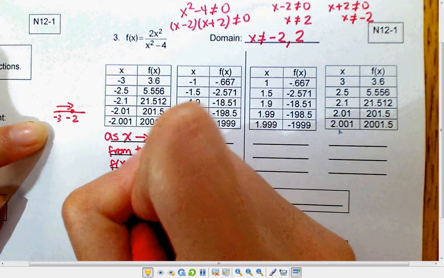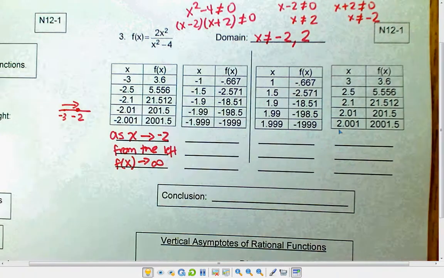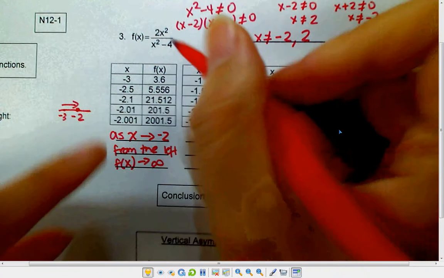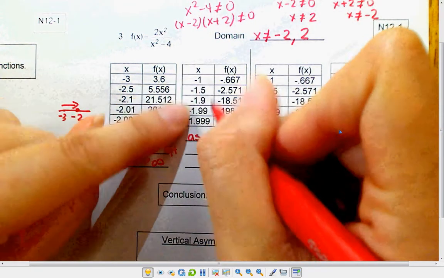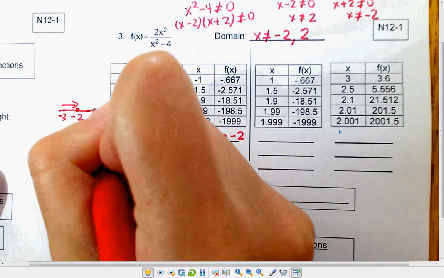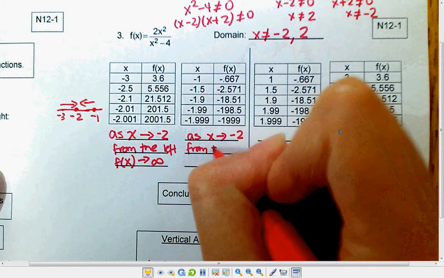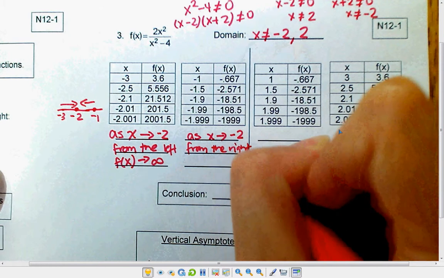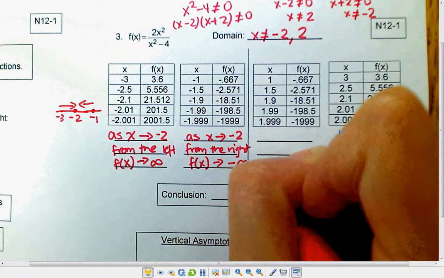F of x, which is our y, is getting closer and closer to positive infinity. On this side, as x approaches, again it's getting closer and closer to negative 2. But if we're starting at negative 1 over here, this time we're approaching it from the right. F of x is approaching negative infinity.